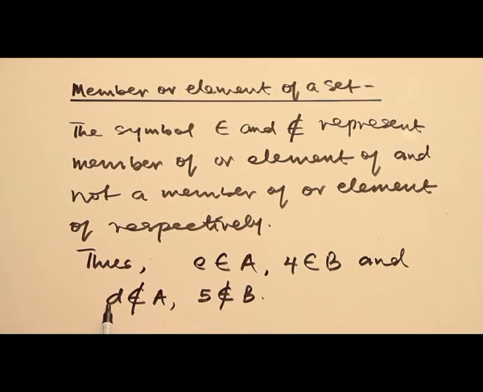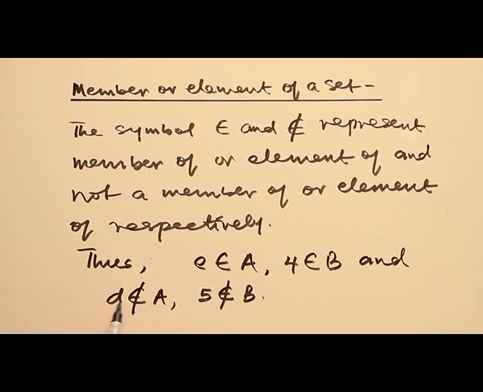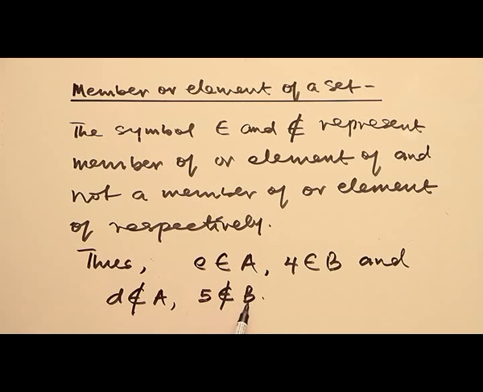And then we also see that d is not a member of the set A. Obviously, d is not a vowel and is not among the set A elements. 5 is also not a member of set B. 5 is not even, and it is not in the elements of the set B.